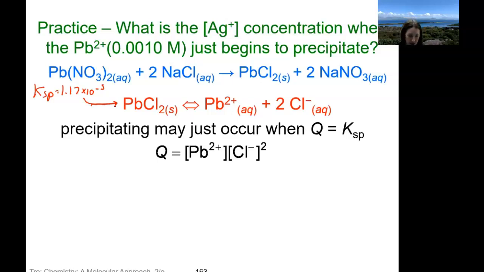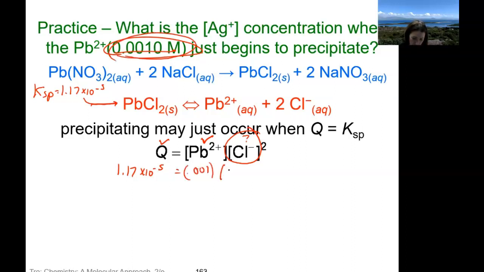And when we look at this, we have the concentration of Pb. We're just going to solve for Cl. So our Q, which is K, is 1.17 times 10 to the negative 5 equals our Pb times Cl squared.